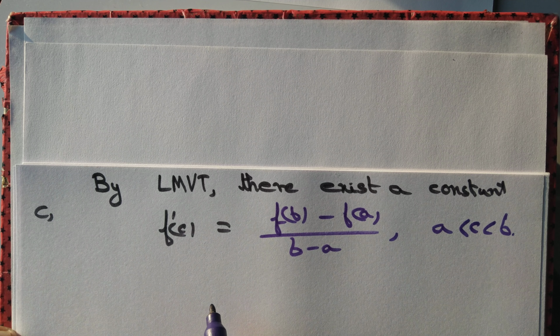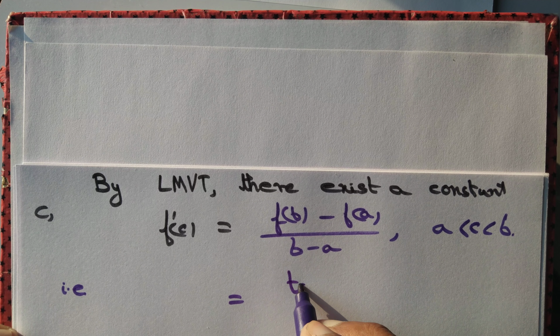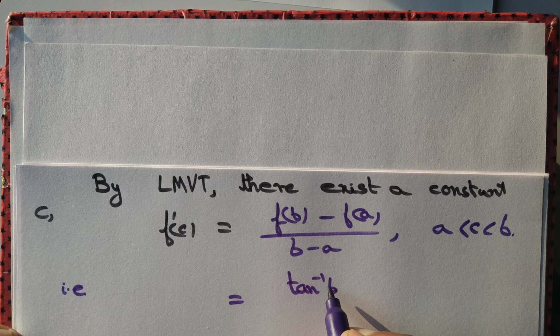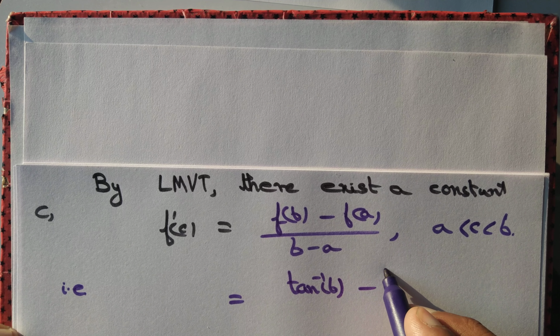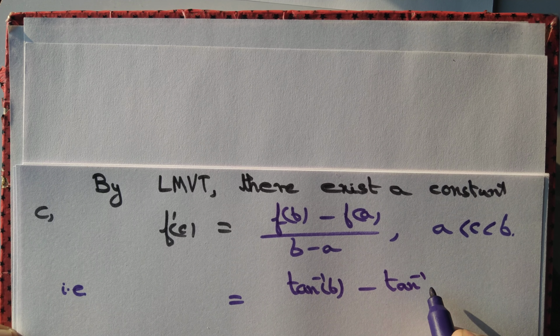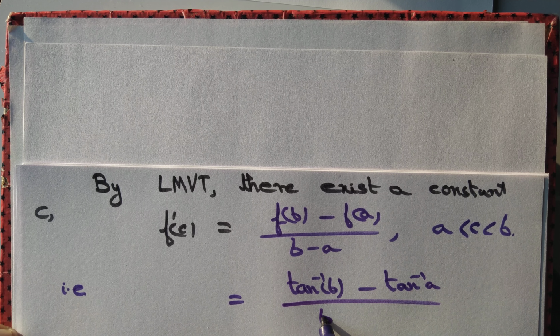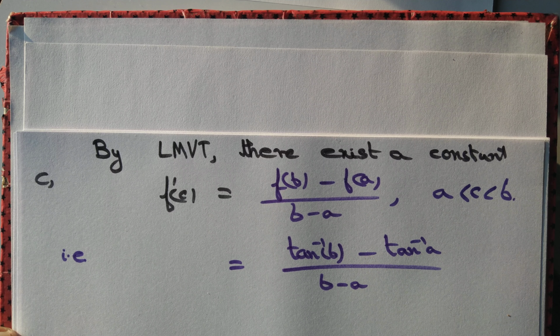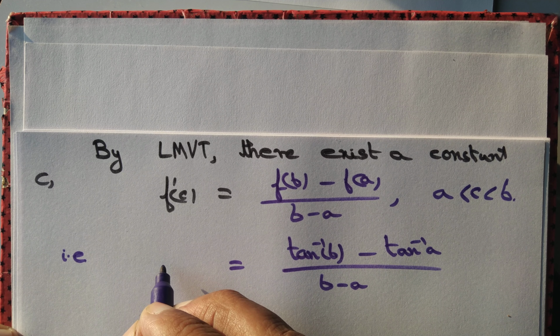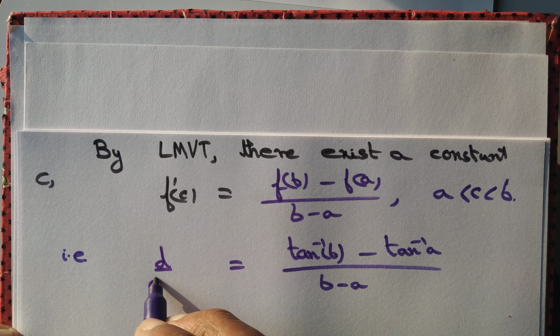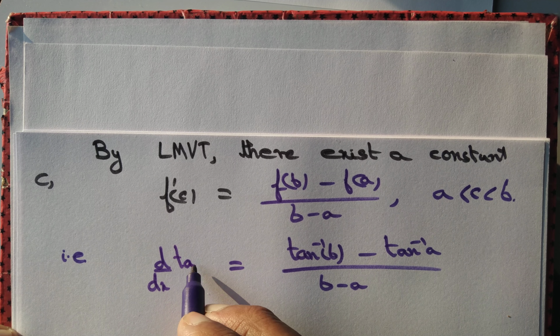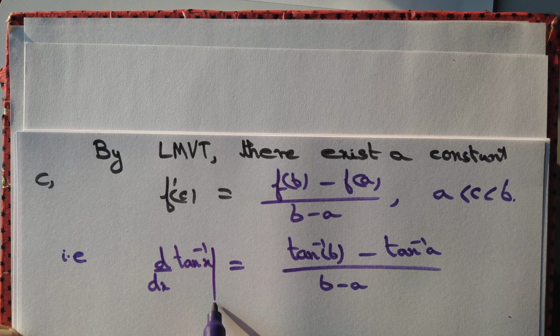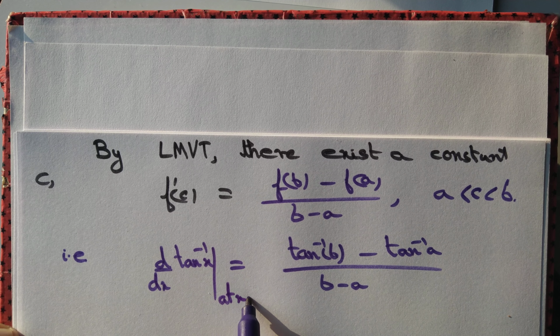That is, we got f of b equal to tan inverse of b, f of a equal to tan inverse of a, divided by b minus a, equal to f dash of c. F dash of x, that is d dx of tan inverse of x at x equal to c.